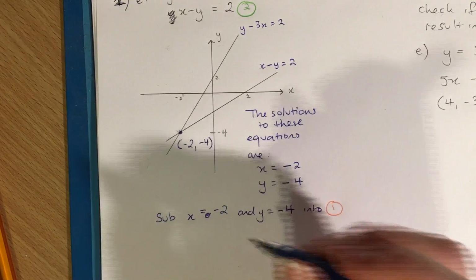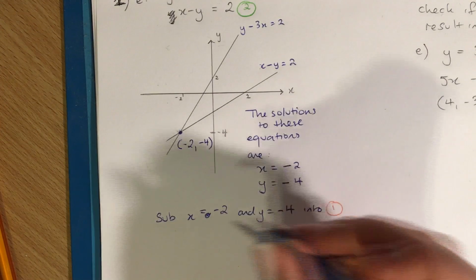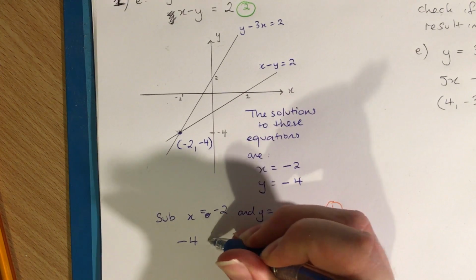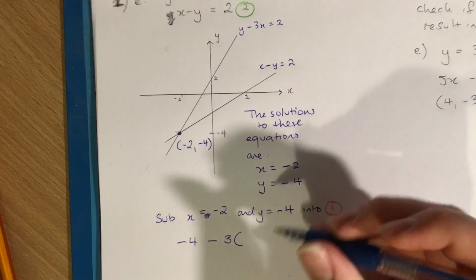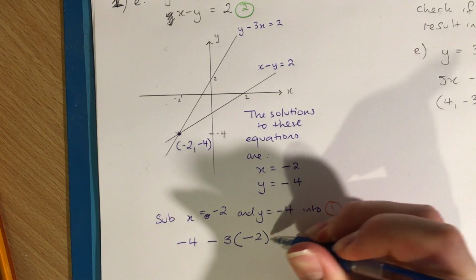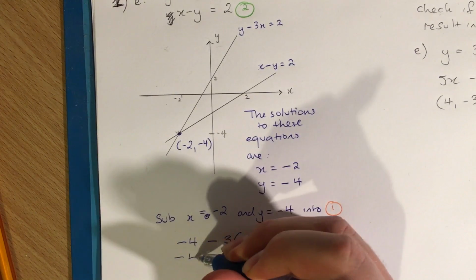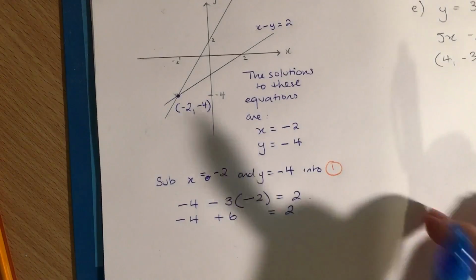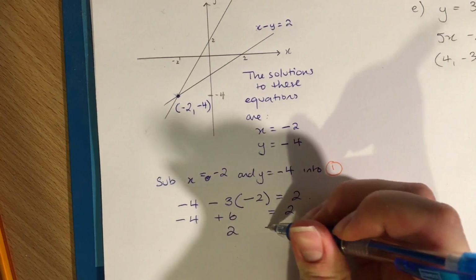So we get -4 minus 3 brackets -2 is equal to 2. -4 plus 6 is equal to 2. -4 plus 6, 2 is equal to 2.